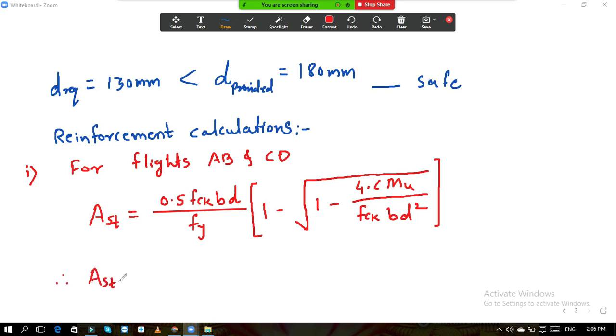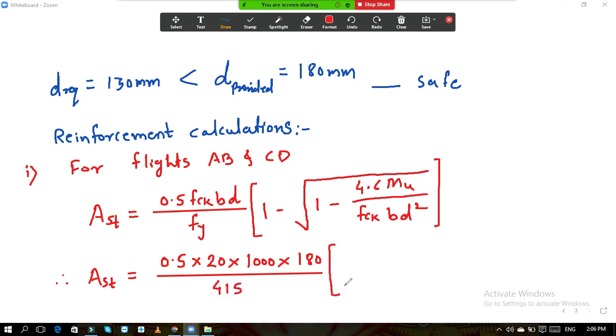Therefore Ast is equal to, what are the values now? 0.5 into fck is 20, into b is 1000, into d what we have provided, 180. This whole is divided by fy is 415, bracket 1 minus square root of 1 minus 4.6 into Mu.